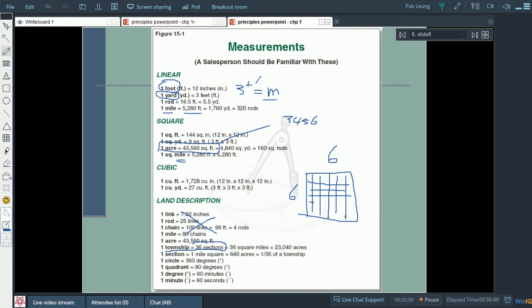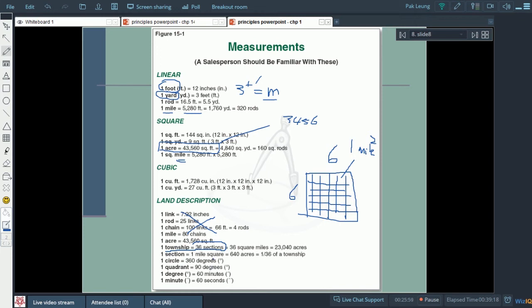So basically you have that many parcels. One of these squares is 1 square mile. Not square meter, square mile.